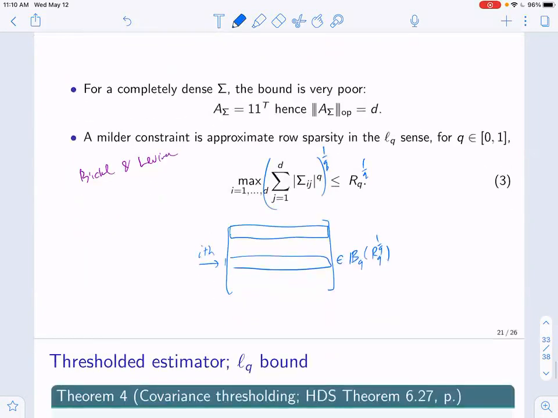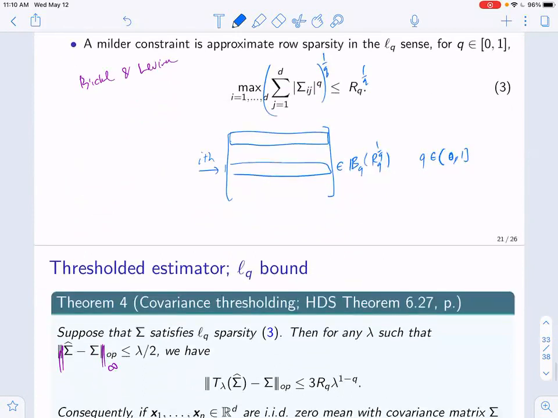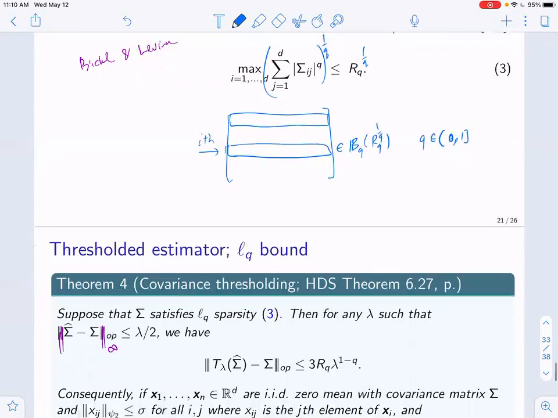The assumption is that each one is in such an LQ ball, with q strictly between 0 and 1, which is interesting because the entries are not necessarily zero, but there are a lot of small ones.